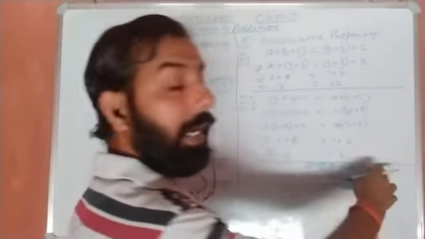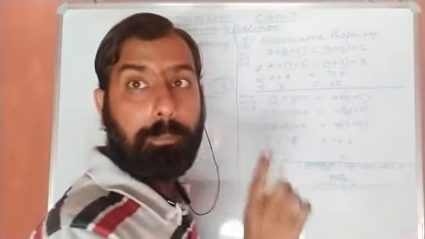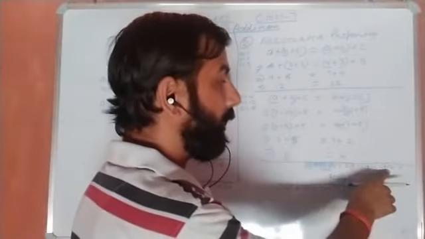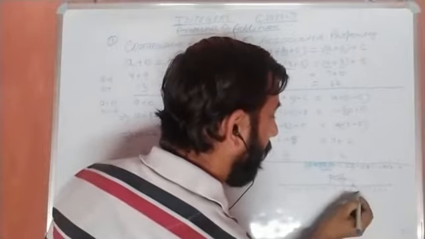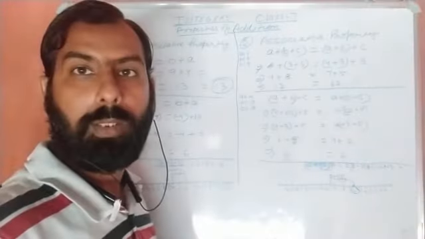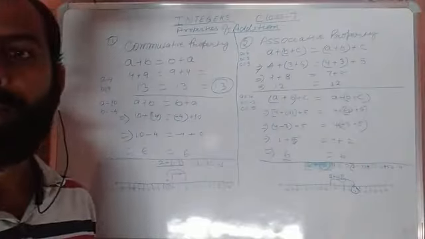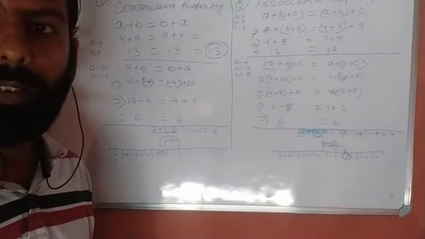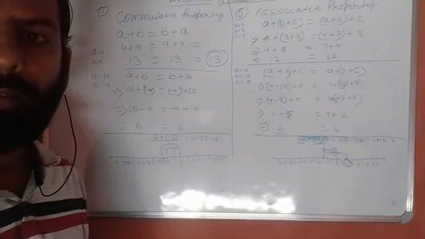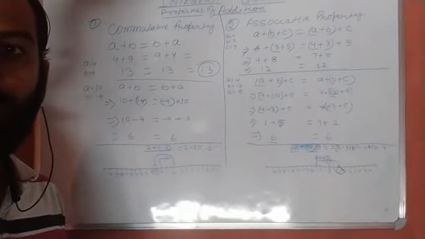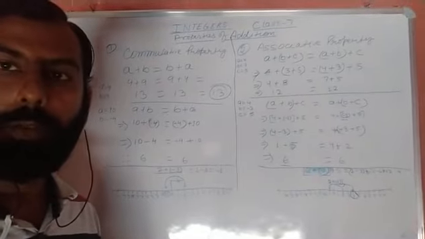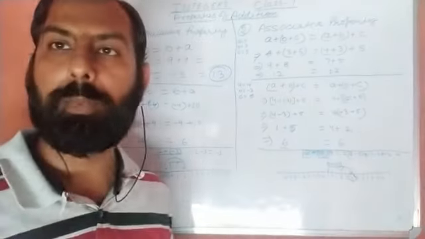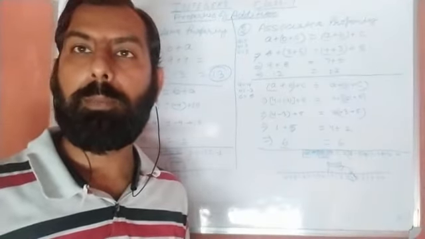So the result will be 4. And what sign will we put there? The bigger digit's sign. The bigger digit is plus, so it will be plus. We have got the result here. Clear? You can view clearly if you are unable to view that. So in the next video I am going to explain the properties of multiplication.